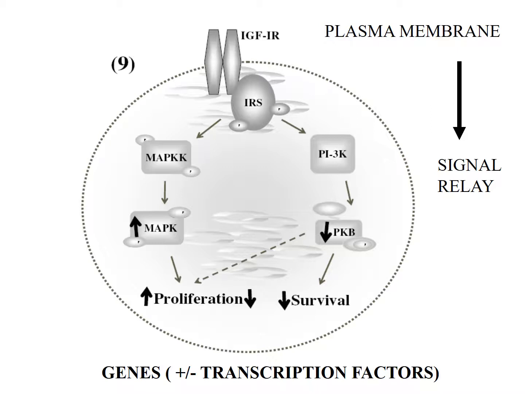And then this molecule can activate one pathway or maybe another pathway, maybe both, maybe other pathways. And you end up getting signaling to grow, divide, to survive, or you could get death signals as well. And that's called a signal relay process here.